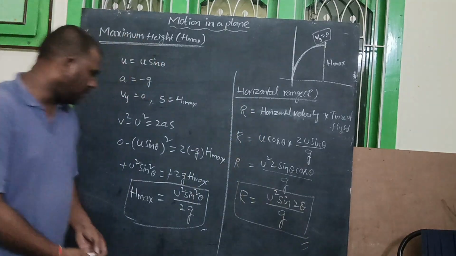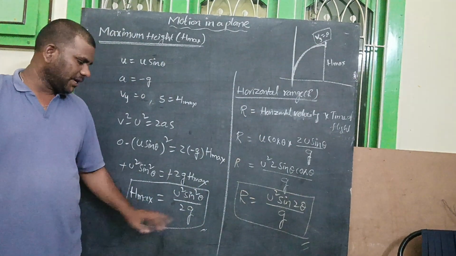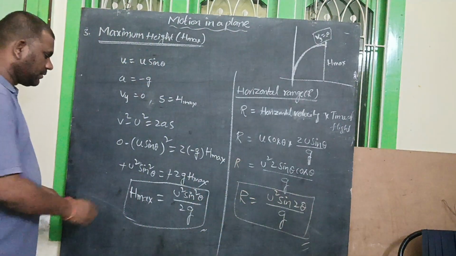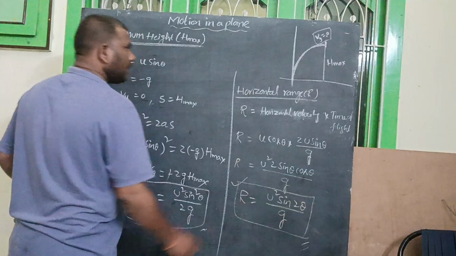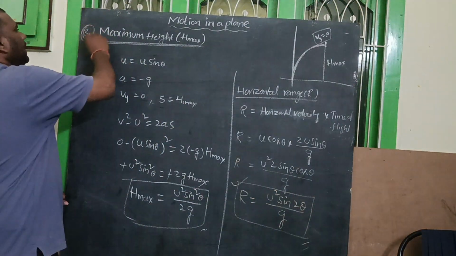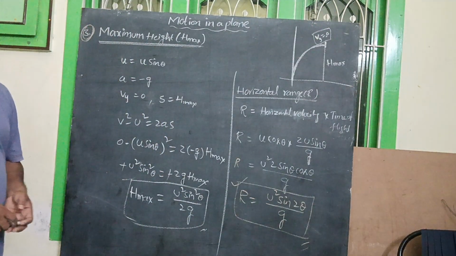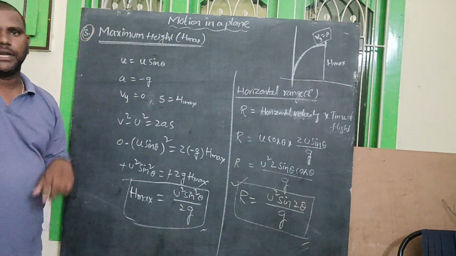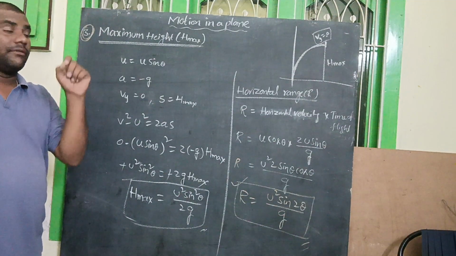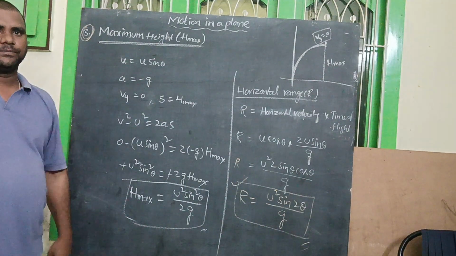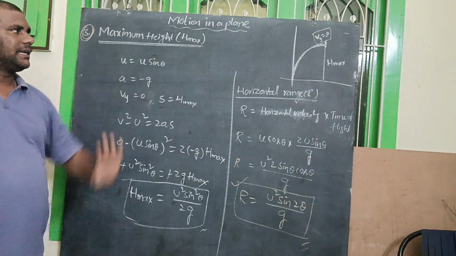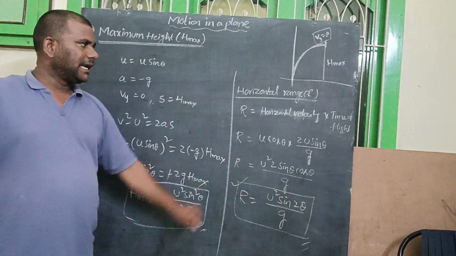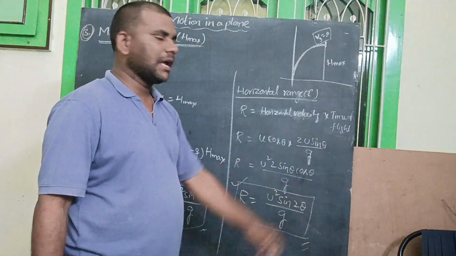So the maximum height formula is u square sin square theta by 2g, and range is equal to u square sin 2 theta by g. These two are very important. Maximum height means the body is projected vertically and reaches final velocity 0. That is u square sin square theta by 2g. And the range means horizontal velocity into time of flight.